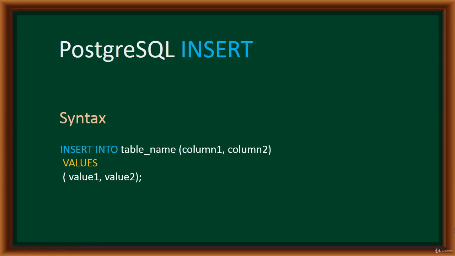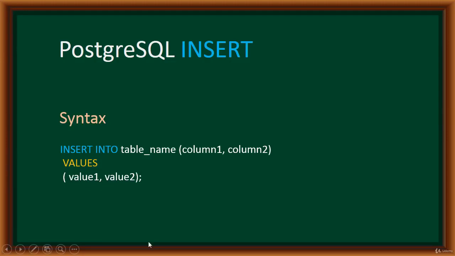You begin with the insert into clause followed by the name of the table, and then in parentheses you specify the column names. If the table has 2 columns, you specify the 2 columns, and then you add the values.